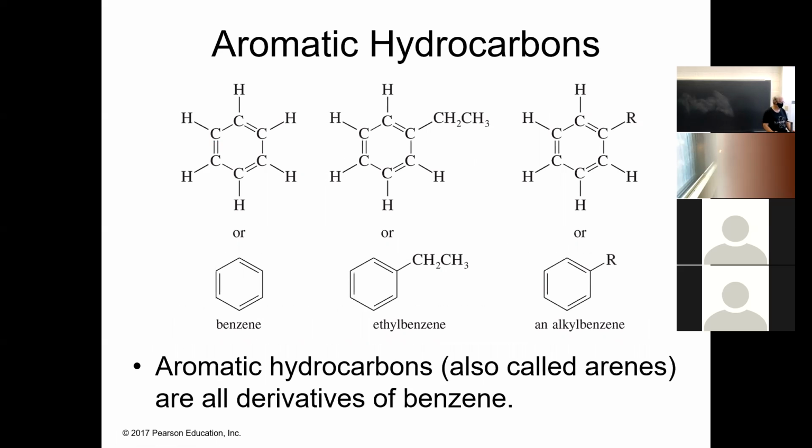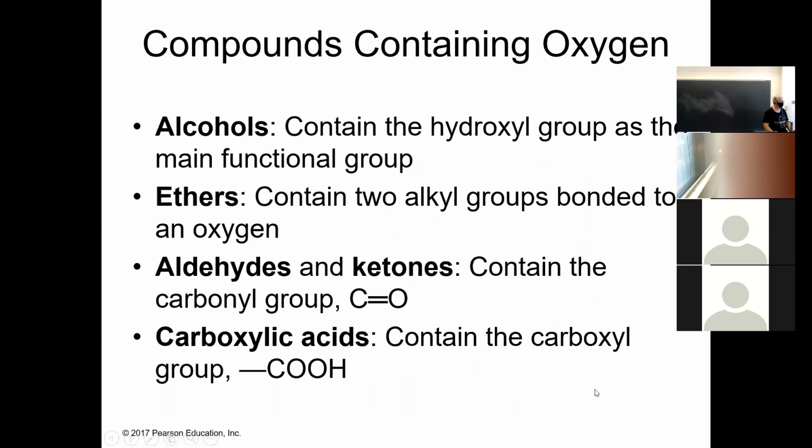And so it's put in a different class. Benzene is not the only aromatic compound, but for our purposes right now, we're going to say aromatic compounds, also called arenes, are derivatives of benzene, or similar to benzene. Okay, next we'll begin to look at some organic compounds that contain oxygen.